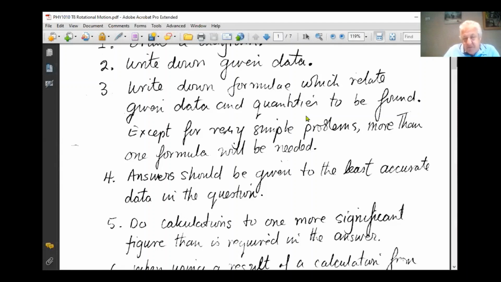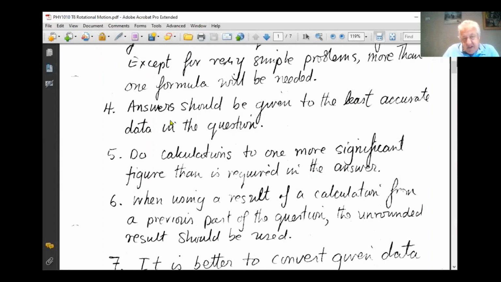In very simple problems, there may be only one formula, but generally speaking, you'll need more than one formula. But at least you'll be guided as to the number of formulas that might be relevant to your question. So you may write a few formulas that contain the data and contain the quantities you want until you find the right combination to solve the problem.